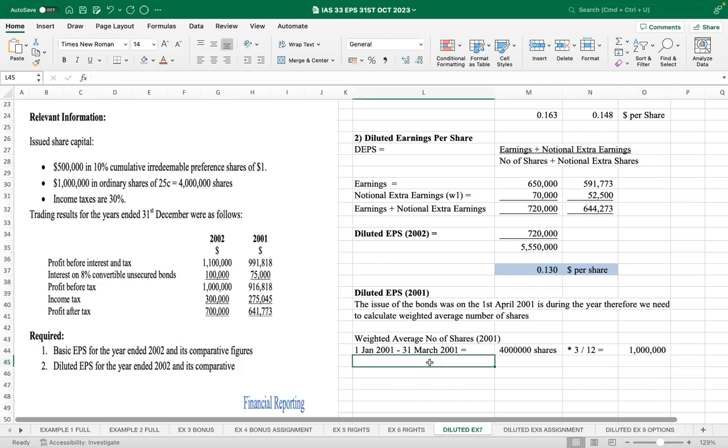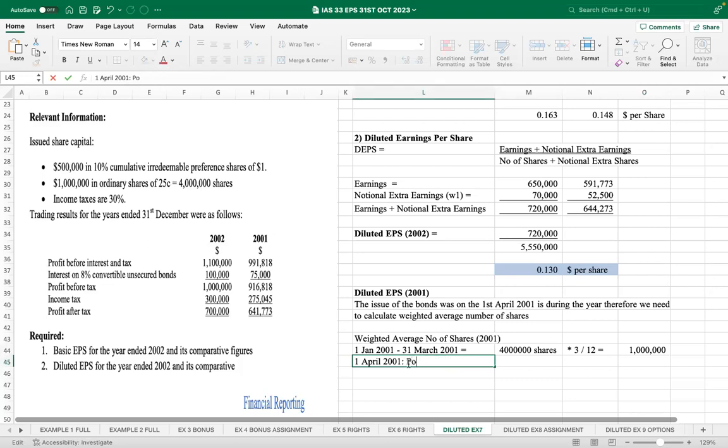And then on 1st April 2001, there was conversion. And how many shares were converted? There are potential ordinary shares.